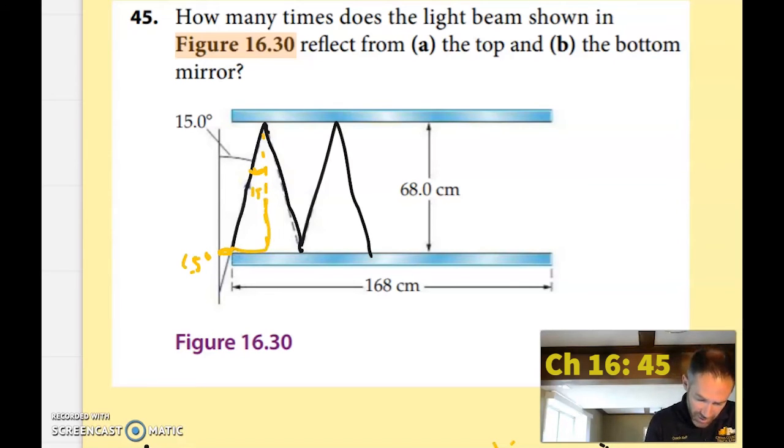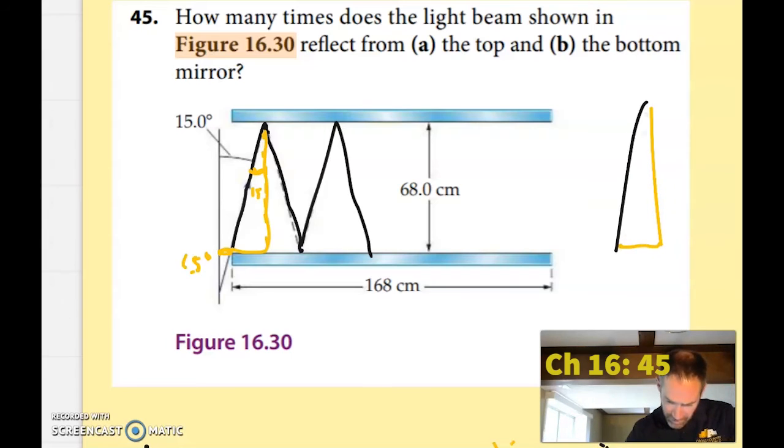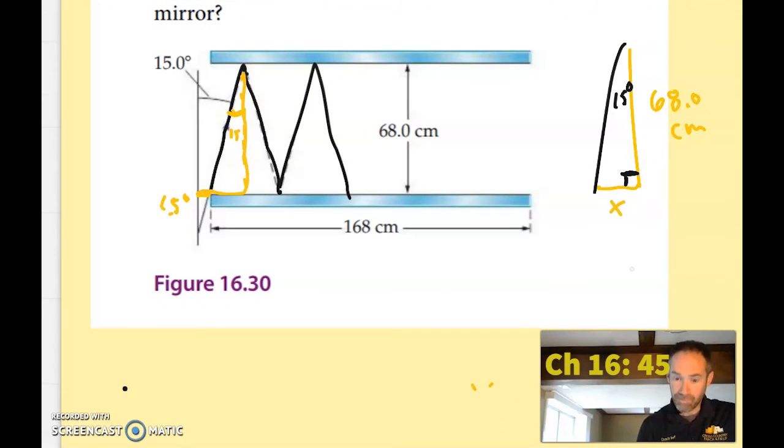Now I want you to focus on that triangle right there, the one that's yellow and black, like this. Now that's a right angle right there, and this is 15 degrees up here. Now we know that this yellow side is 68 centimeters long, so it's not hard to use a little trig to see how long this X is. Can you think about how to do that?